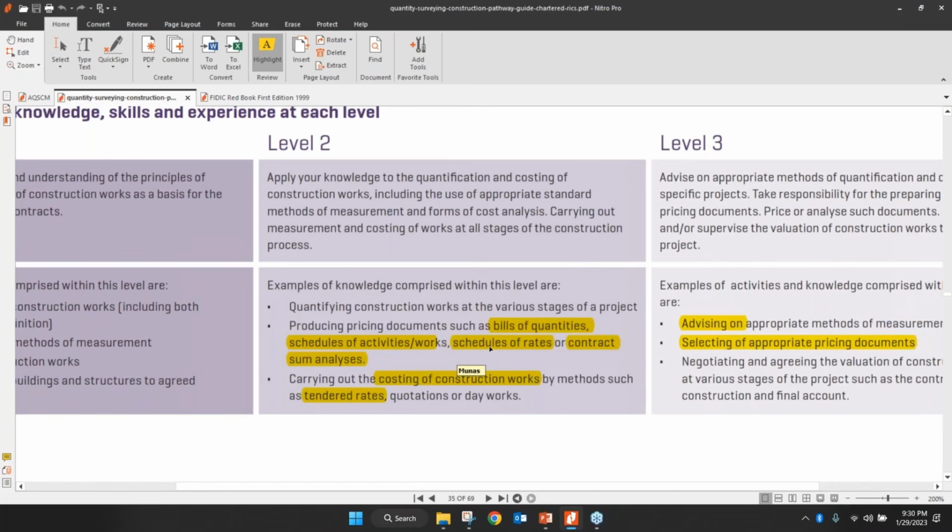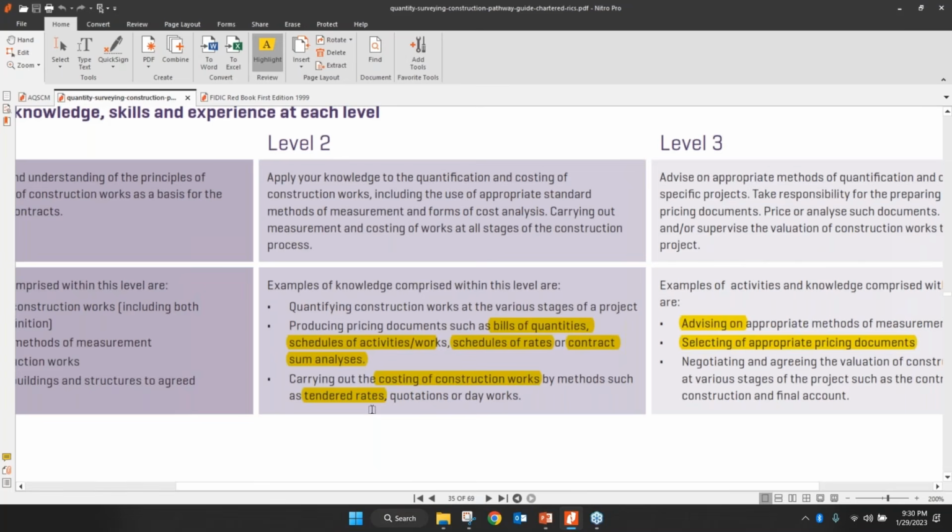Here still there are some people confused. They will think it's the same, but it's different. That we are going to learn in the next class. Okay, so costing of the construction work by methods such as tendered rate. Can we use tendered rate all the time to cost the construction work for a variation, for example? Is it possible?